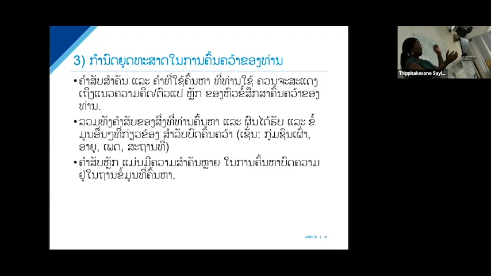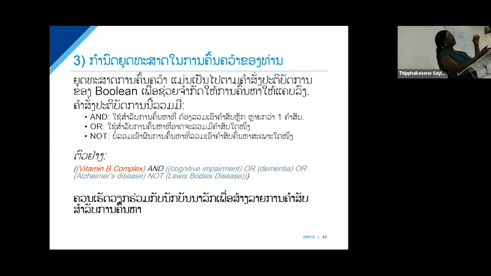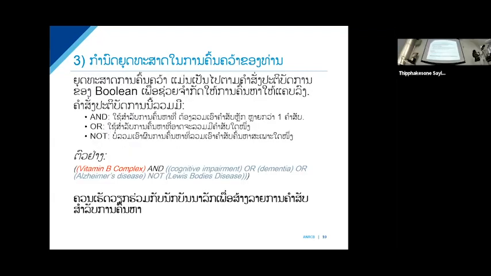Right. So you use the Boolean operators to combine the different keywords. We can use and, or, not, for example if you want to exclude certain terms or certain groups. With the vitamin B example, we can say vitamin B complex and cognitive impairment or dementia or Alzheimer's disease, but not Lewy body disease.